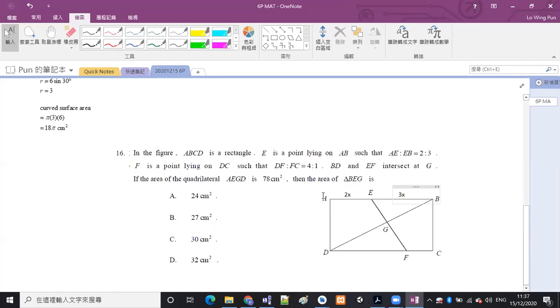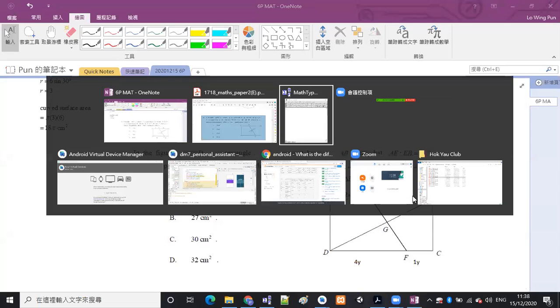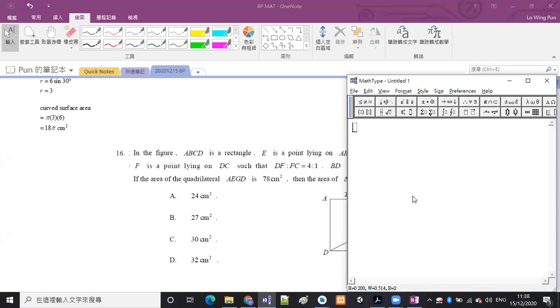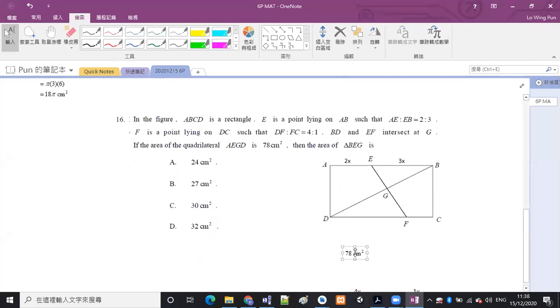So DF to FC is 4 to 1. I'm going to label this, let this be 4y, and this one is 1y, or just y is okay. Get this? And then BD and EF intersect at G. If the area of the quadrilateral AEGD is 78 cm square, AEGD, that is this part, is 78 cm square.